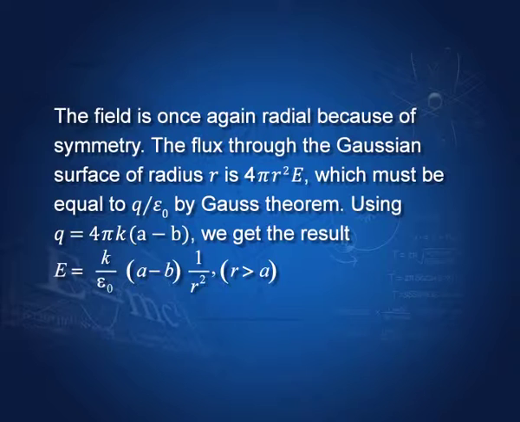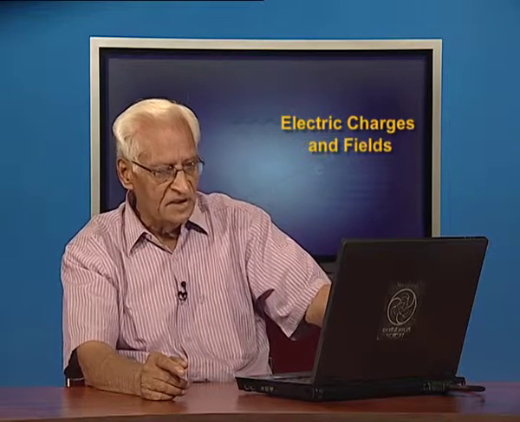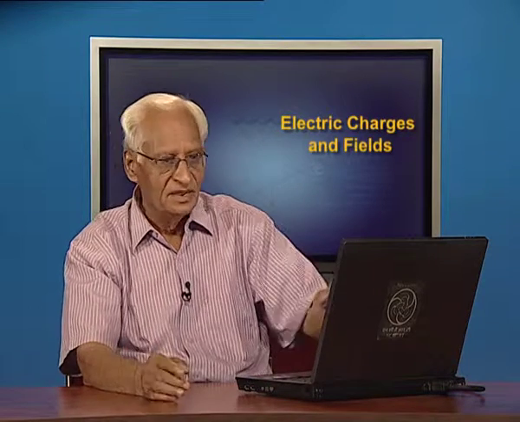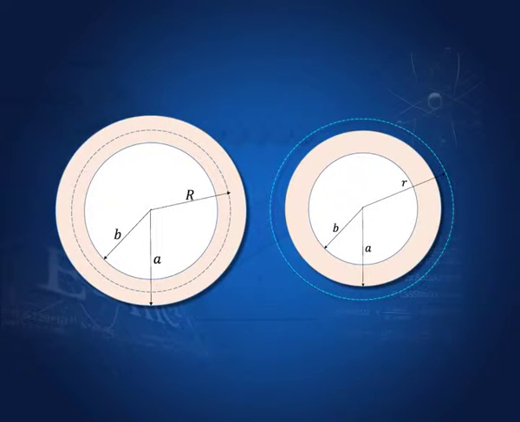So, this divided by epsilon 0 is 4 pi r squared E. Therefore, E is k by epsilon 0 into a minus b into 1 by r squared for points outside the shell. And once again the field varies as 1 by r squared. Why? Because for a point outside, the whole charge is concentrated at the center of the system.